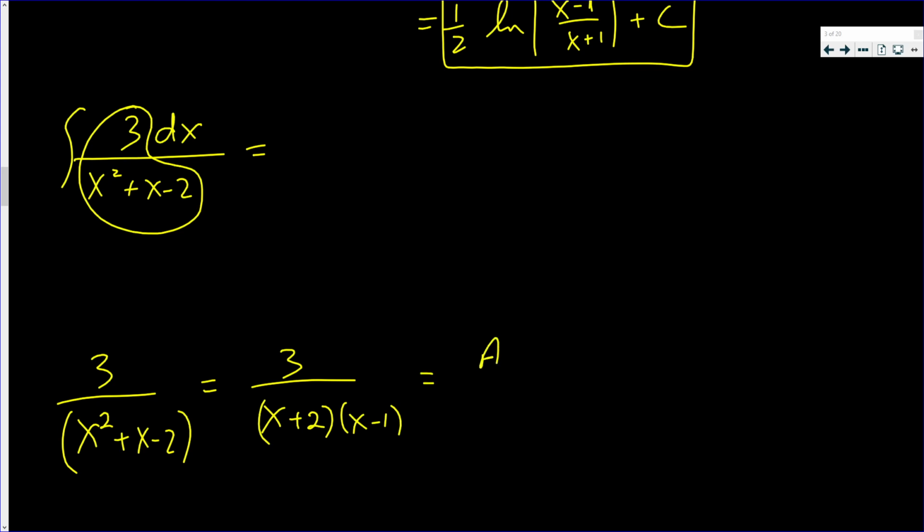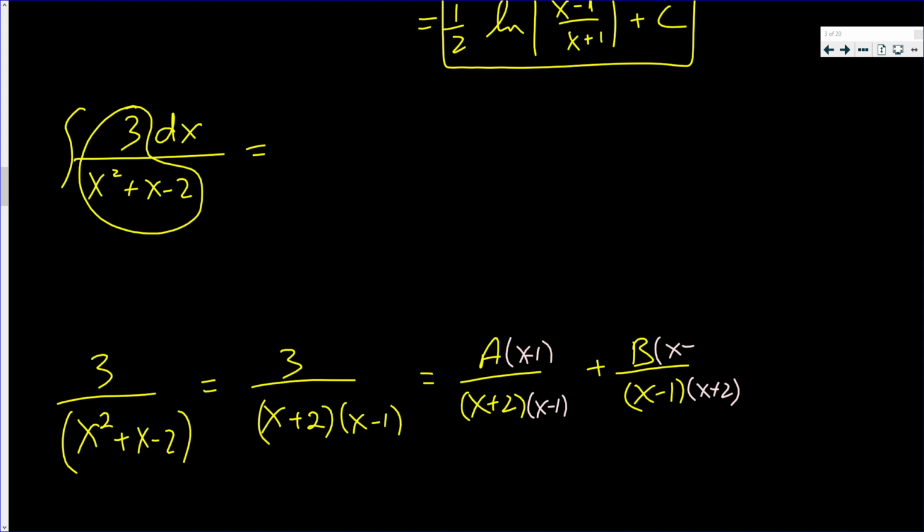So we're going to get something over x plus 2. Since that's linear, a constant goes on top. And over x minus 1, since that's linear, a constant goes on top. Now, we want to get common denominators. So I multiply top and bottom by x minus 1 over here and x plus 2 over here.